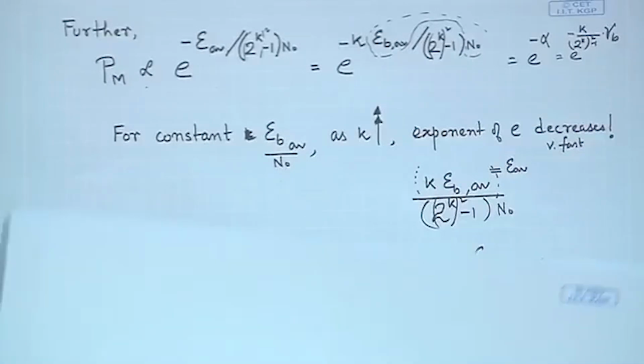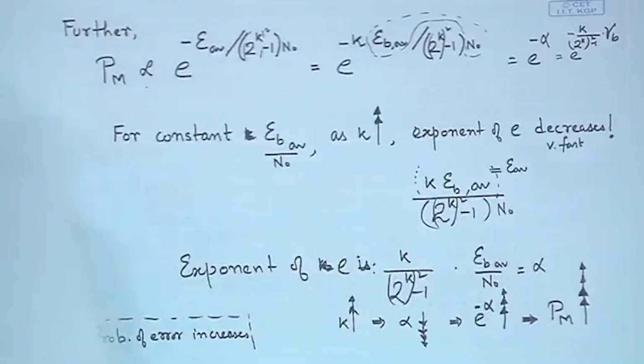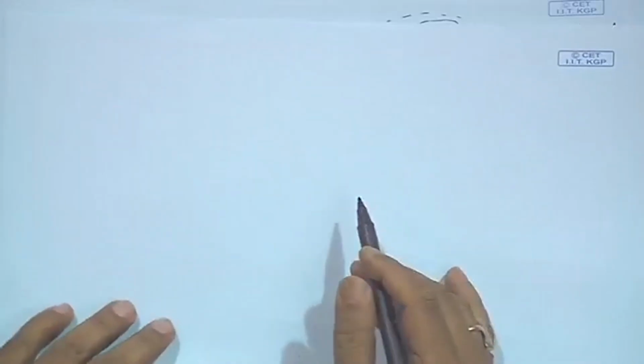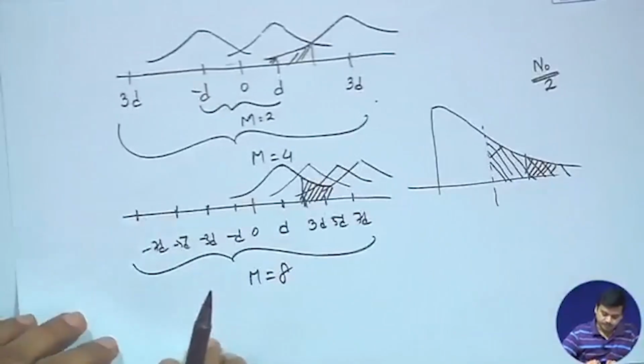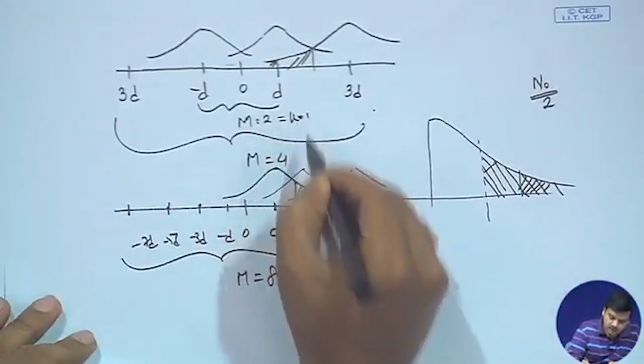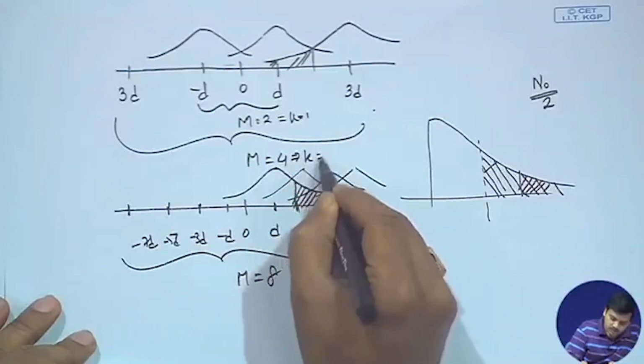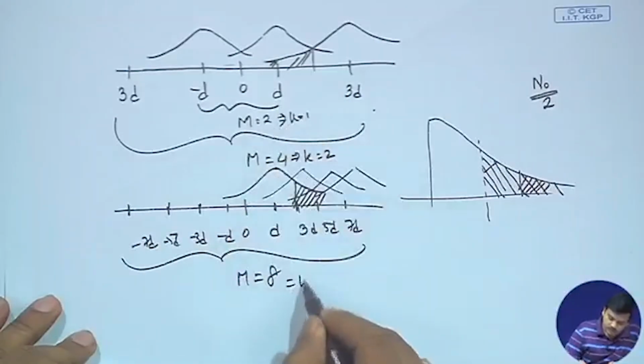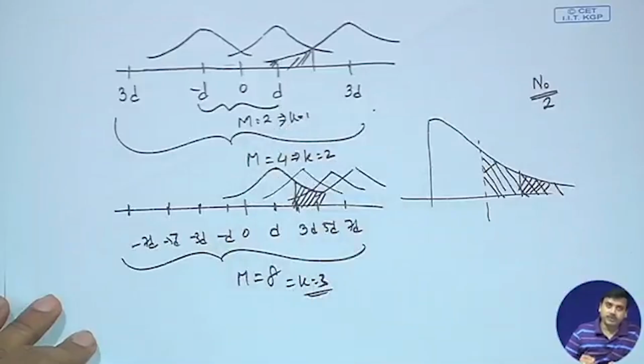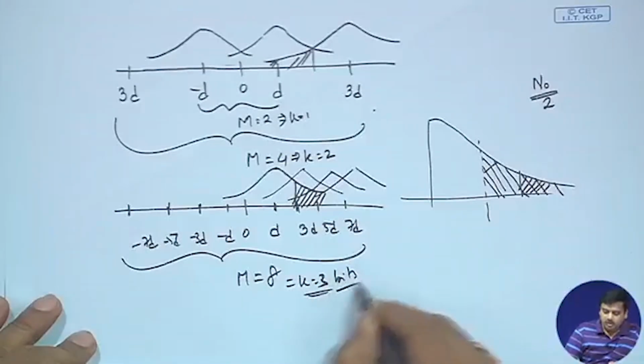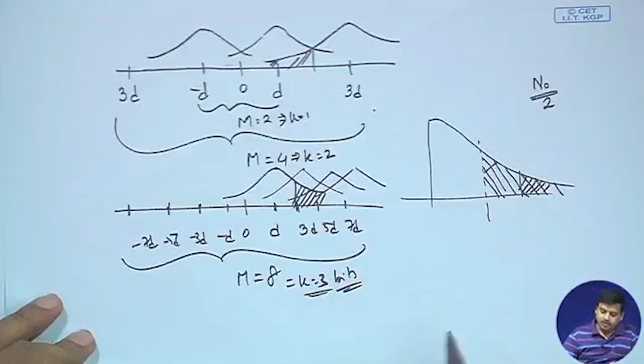So, in summary, in these kind of constellations where we are having more bits to be sent, we would have to recall a previous discussion. For this, k equals 1, for this k equals 2, and for this k equals 3, that means 3 bits. So, what is happening on the other side?